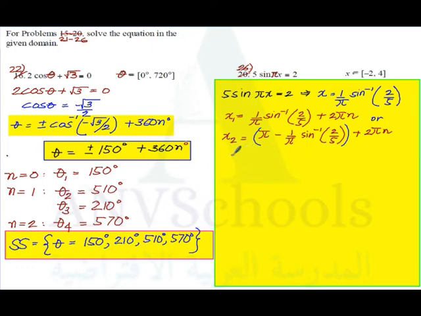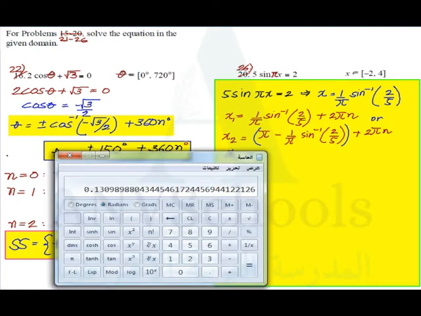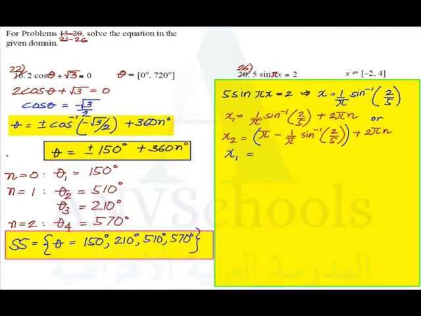Okay, so we have the more convenient form, which is 0.1310 plus 2 pi n.